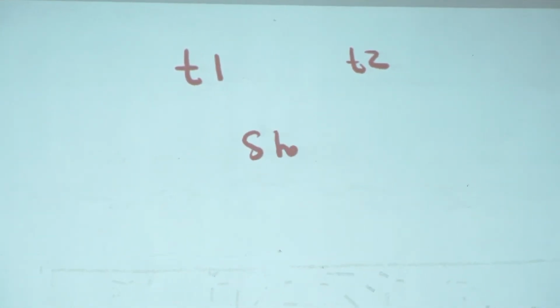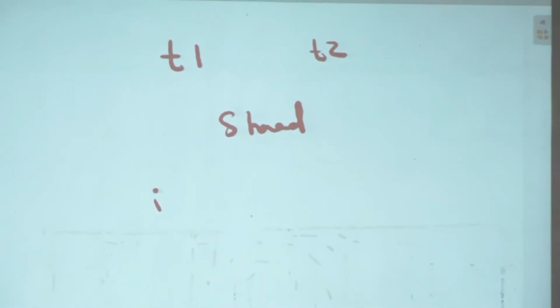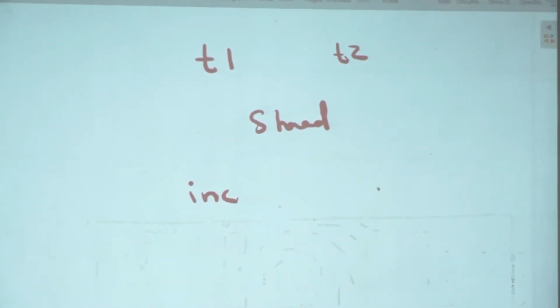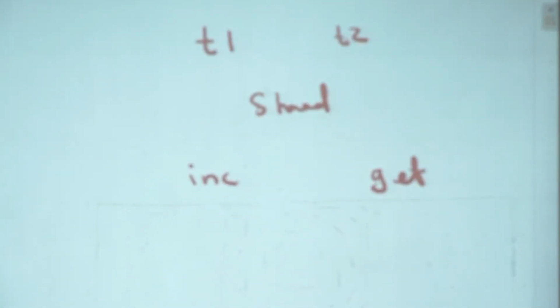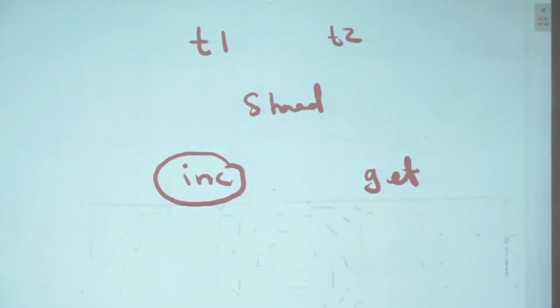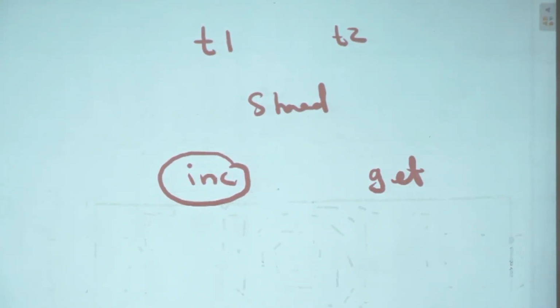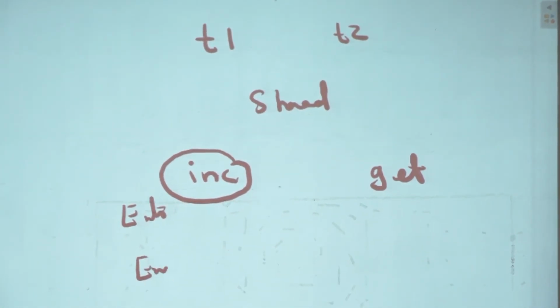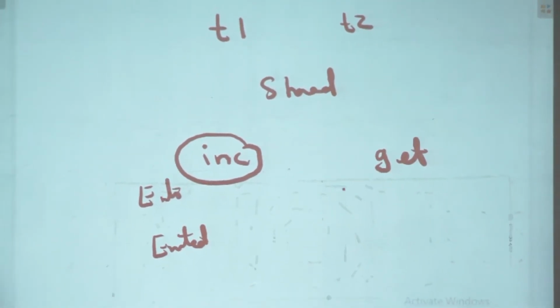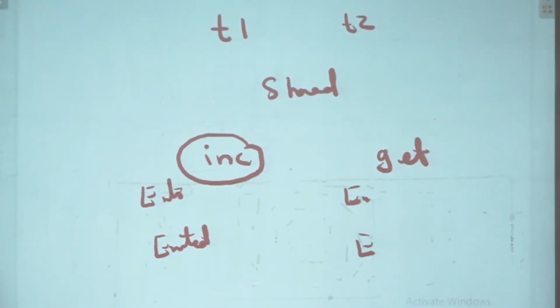Now, I have thread T1, thread T2, shared. This is calling the increment method. This is calling the get method. So the increment method is going to be called 10 times. Let's not worry about it. It is going to say entered, exited, entered, exited.